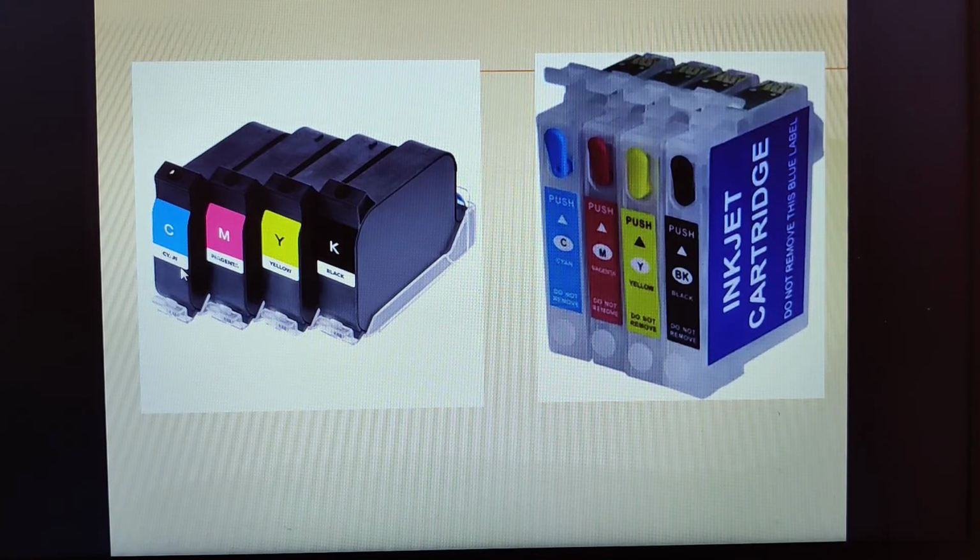They combine all these three colors and create the different colors. For a monochrome output, they use a single black cartridge. So these inkjet printers use color cartridges which combine cyan, magenta and yellow to create different colors, and they extensively use the black cartridge to get the monochrome output.